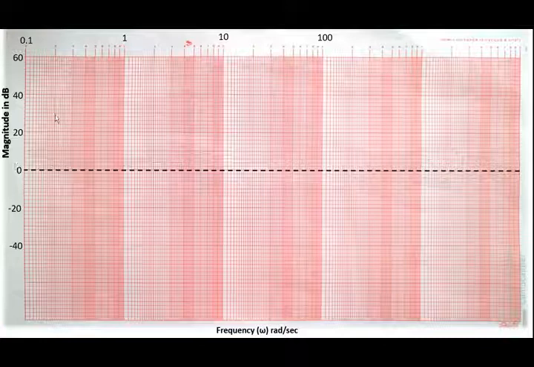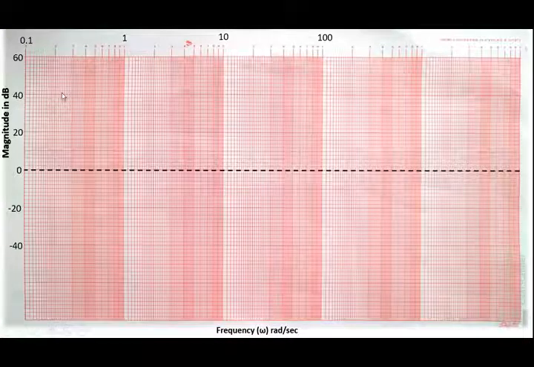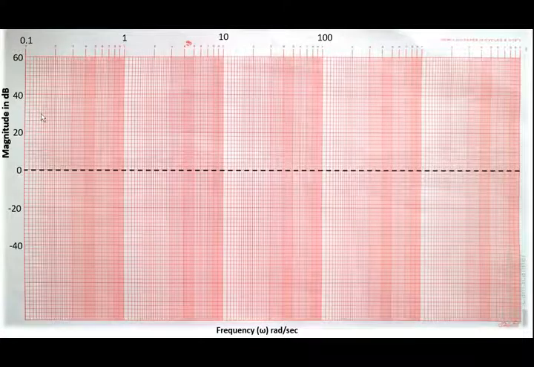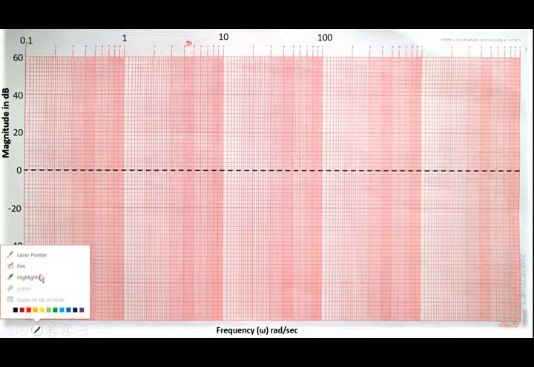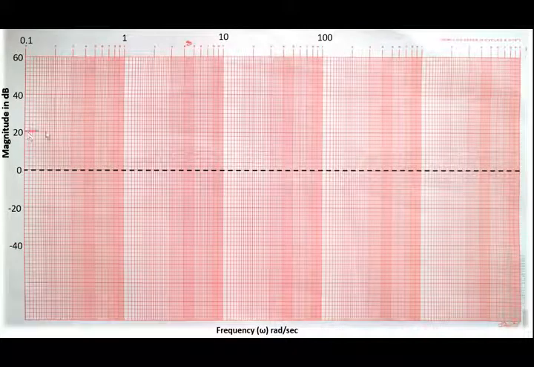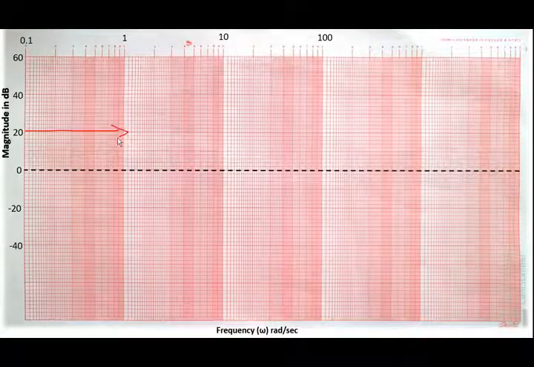In order to make the standard measurements, that is in order to find the standard inclinations, I need to find out the angles for each slope. So I should always consider one decade, the complete decade. The complete decade is starting from here to here.